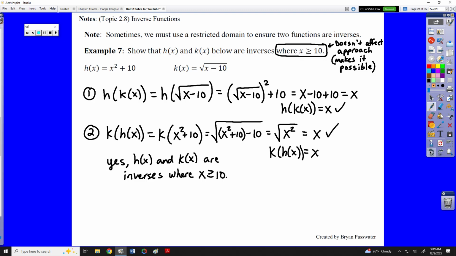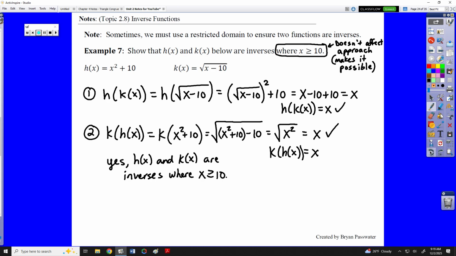And that piece of the parabola where x is greater than or equal to 10, and really I'm surprised it's 10, it really ought to be 0. That piece doesn't have the problem that the original graph has. Each input has a unique output. There are no repeated outputs, which means the inverse is also a function.